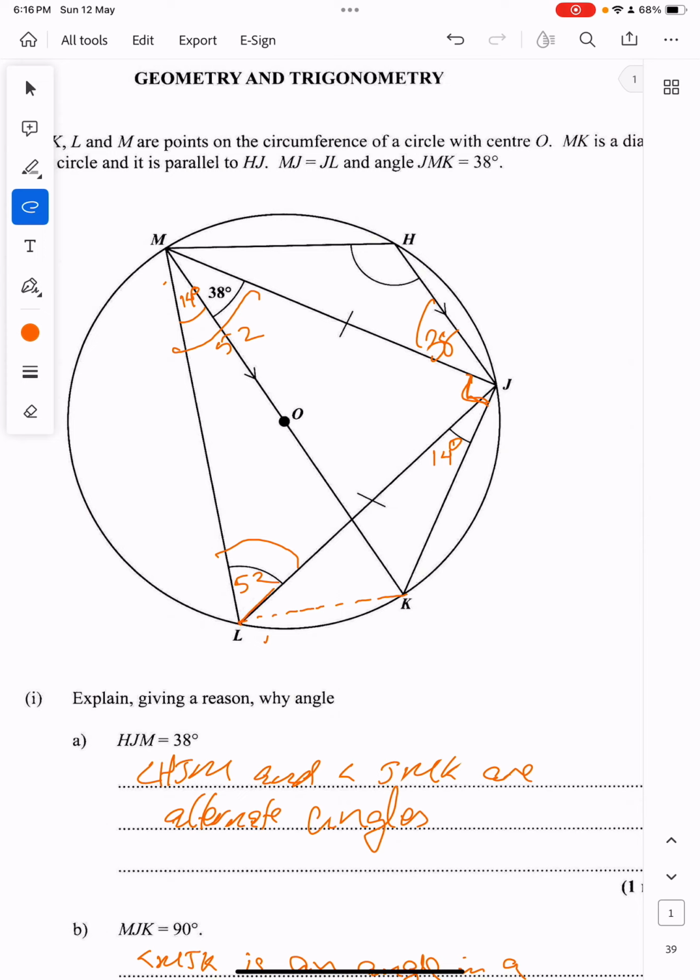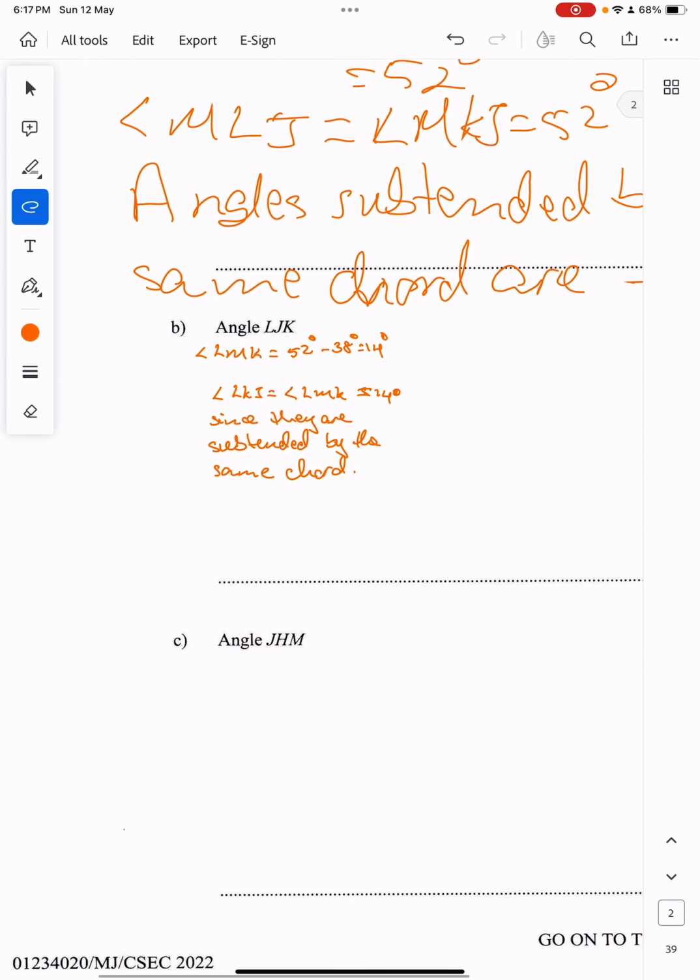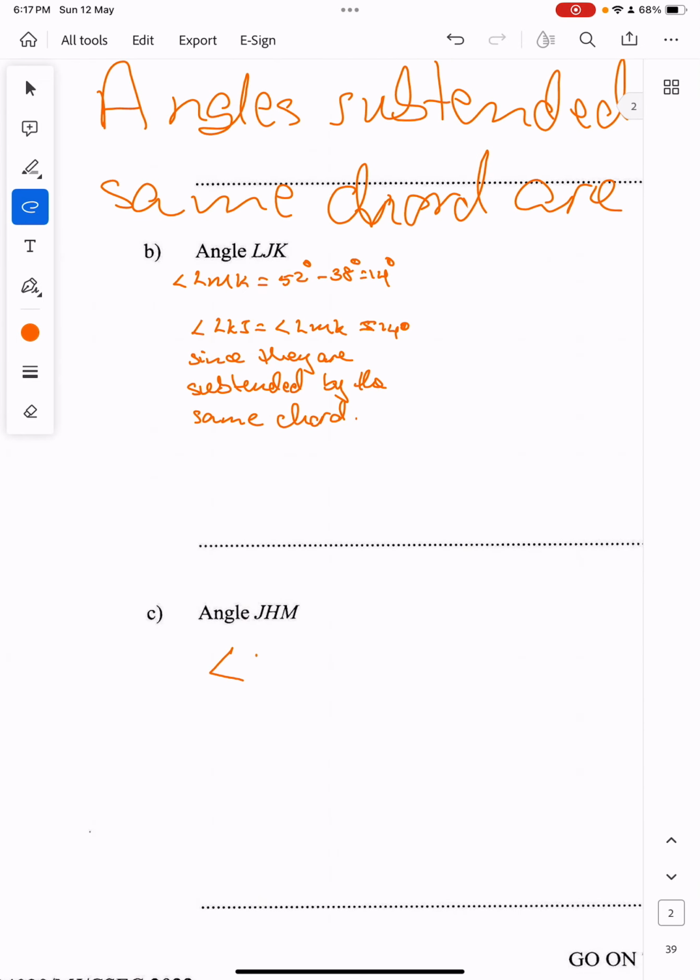If we look at here to there to there and back to L, there's a cyclic quadrilateral there, and we know the rule where opposite angles in a cyclic quadrilateral are equal. So therefore, angle JHM would be equal to 180 degrees minus 52 degrees, which is 128 degrees.